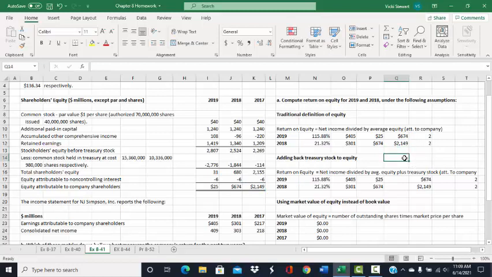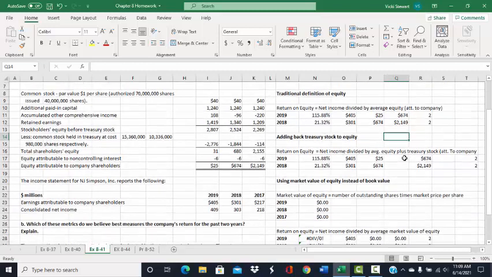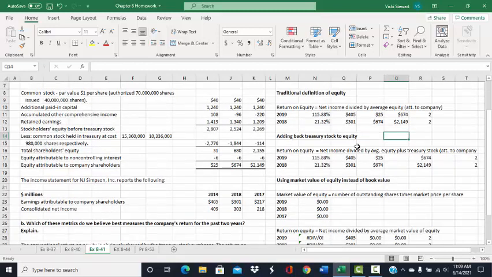And we see that our return on equity for 2019 is 115.88%, and for 2018 is 21.32%.